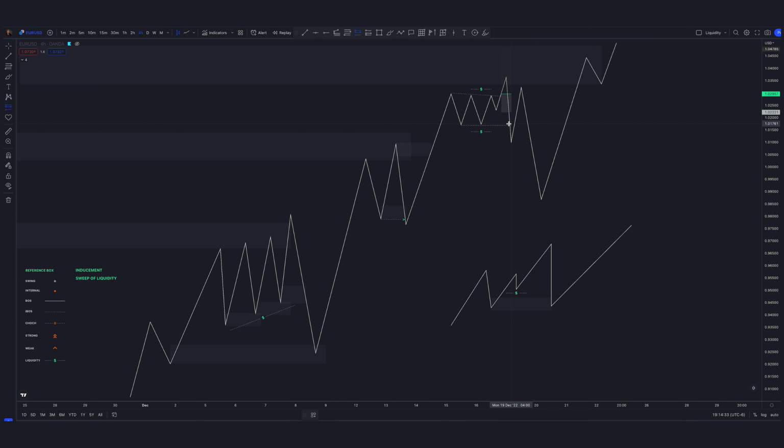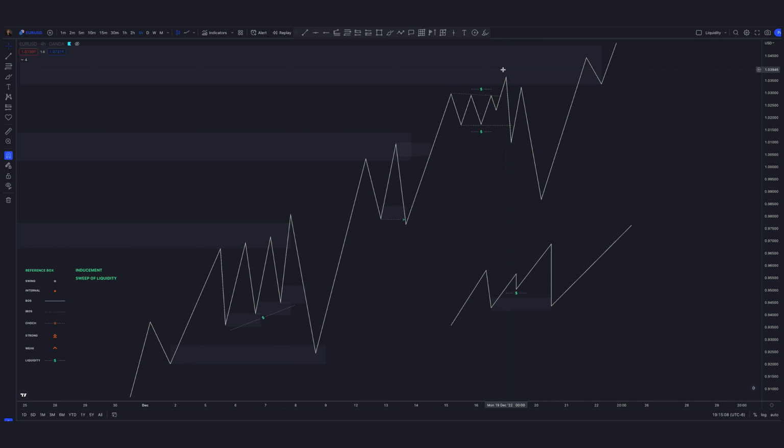Maybe if you had another structure here on the lower time frame, you could enter short with the stops above some structure, and you would probably get another loss. Because I got a loss here, I thought it would go up, and then it went down. I thought it would go down and I got another loss.